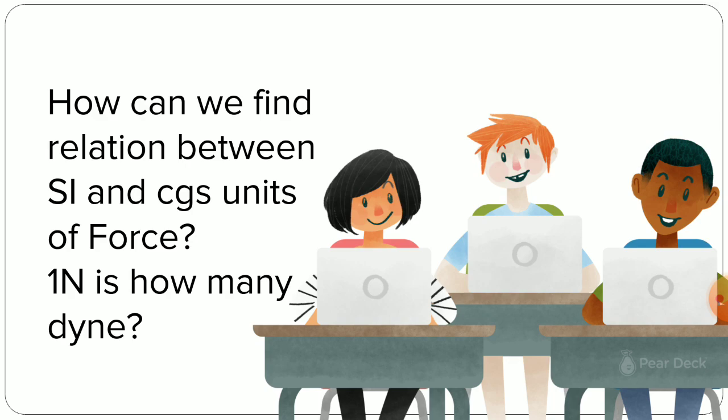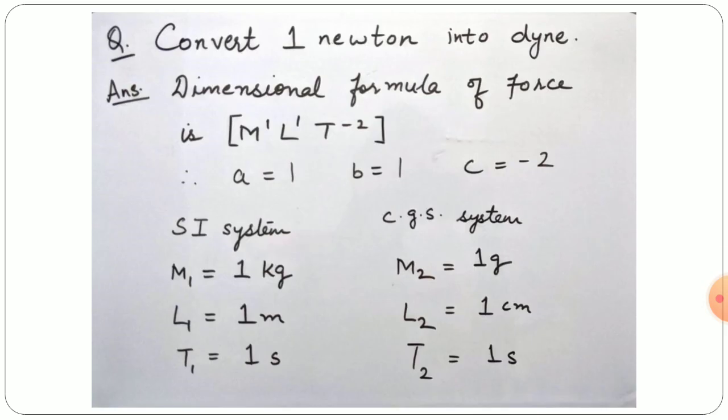How can we find the relation between SI and CGS units of force? That is, 1 Newton is how many dyne? We know in the SI system, the unit of force is Newton and in the CGS system, the unit of force is dyne. Now how can we find the relation between the two using this method?